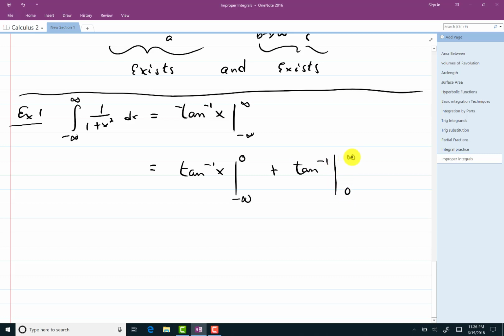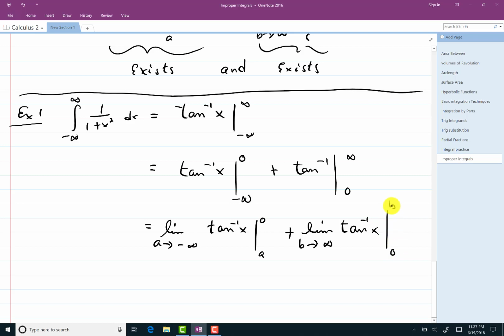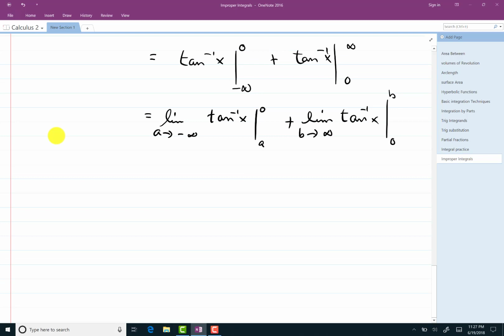Now each of these has to exist. Let me write more details. Really, this is the limit as a goes to negative infinity of arctangent of x from a to 0, plus the limit as b goes to positive infinity of arctangent of x from 0 to b. Now let me throw in my numbers.